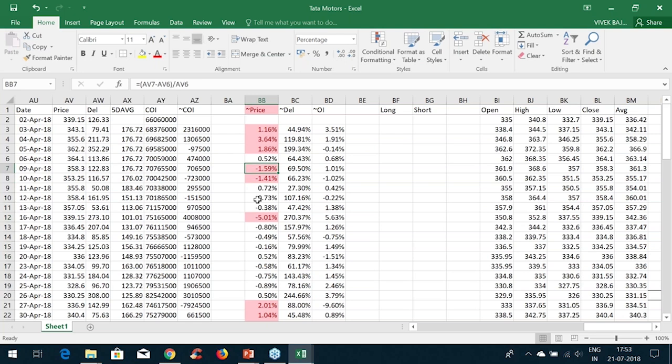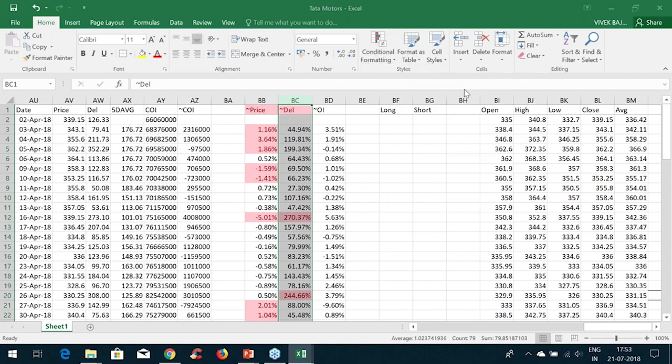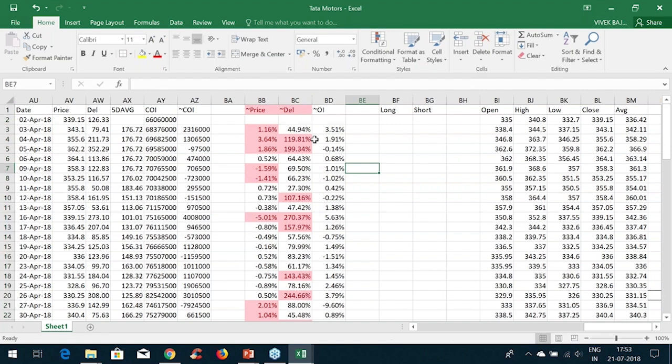So these are outlier days when price has moved significantly. Similarly, for delivery, format cell, highlight cell greater than 100%. So these are the dates when delivery has happened more than 100%.